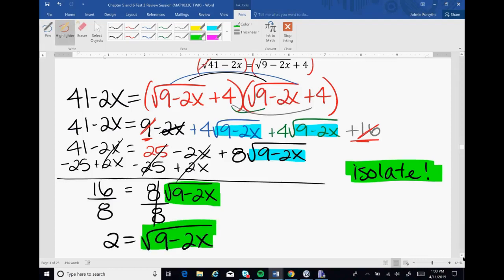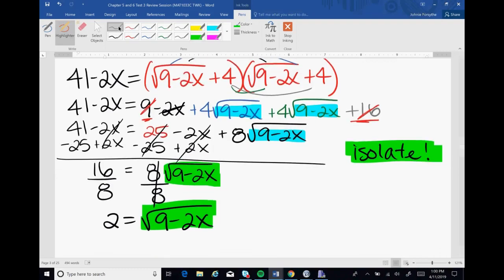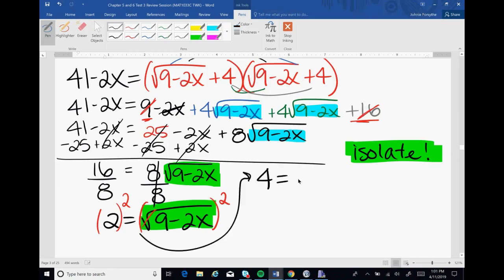So now that I've finally gotten to that point, what I can do now is square this so that the square root and the square will cancel out. But it's an equation, so if I square the right, I have to square the left. Luckily, squaring the left is easy peasy. That's just 2 squared, which is 4. I'm going to write that. So that's 4 equals the square root and the square cancels out, 9 minus 2x.